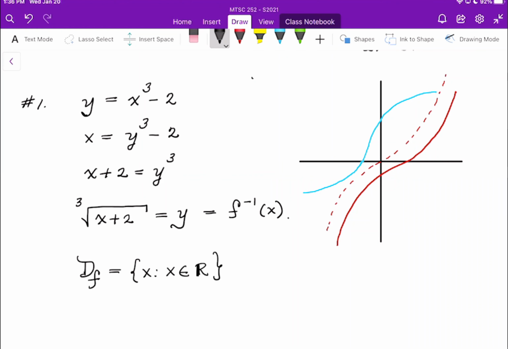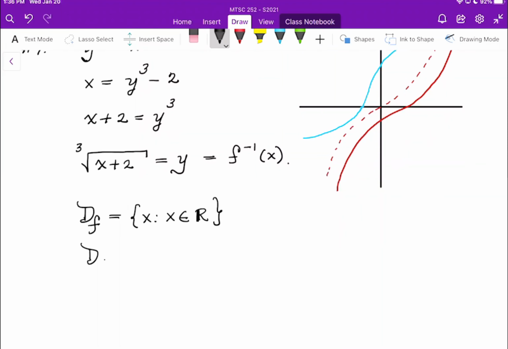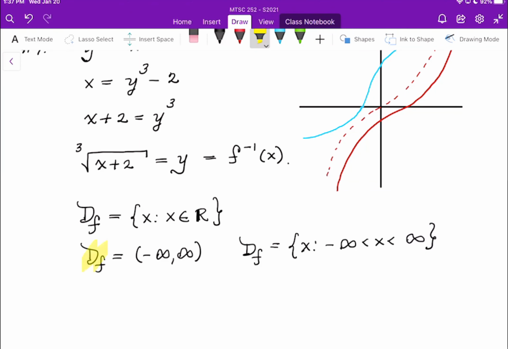I could write the domain of f is the interval minus infinity to infinity. I can write the domain of f is the set of all x such that minus infinity is less than x is less than positive infinity. And I am pretty sure that this is what your homework is going to be looking for.